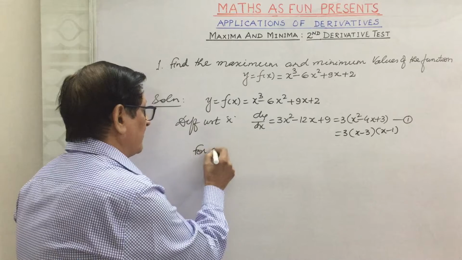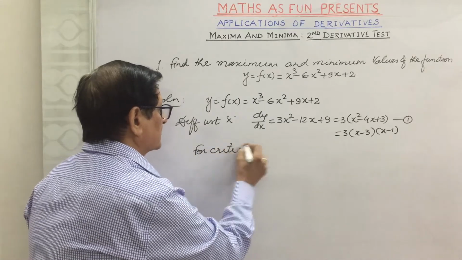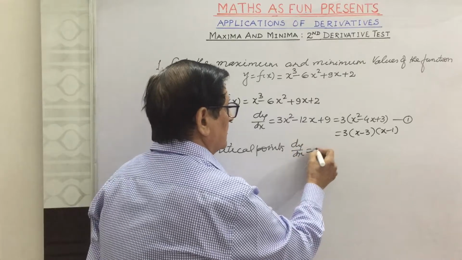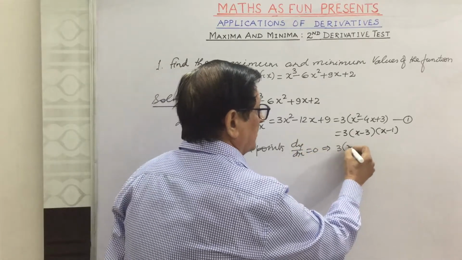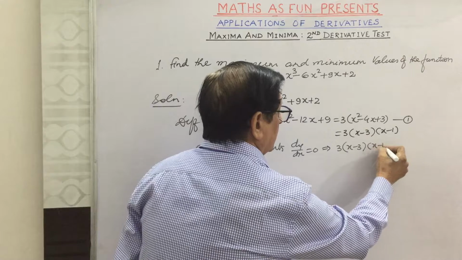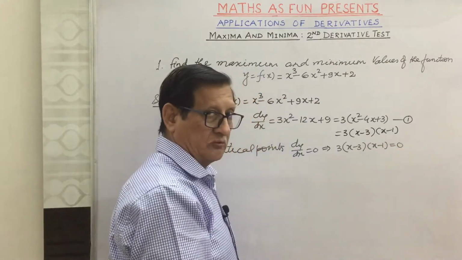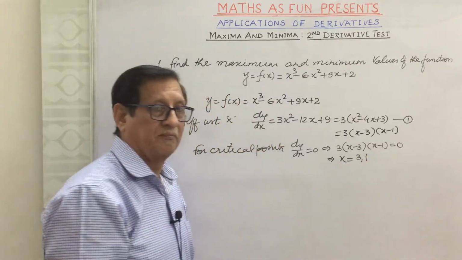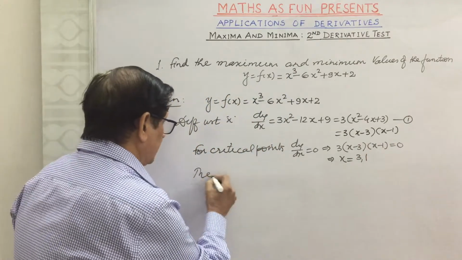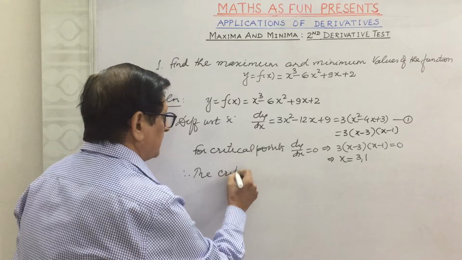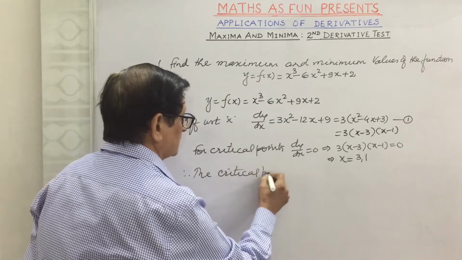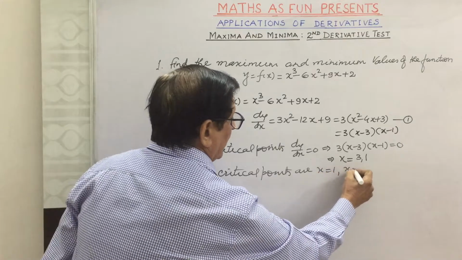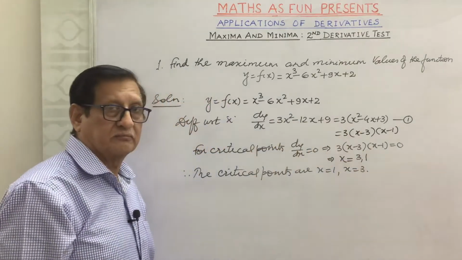So for critical points, dy by dx is equal to 0, which implies 3 into (x minus 3) into (x minus 1) equal to 0, from which we are getting the values of x as 3 and 1. It means the critical points are x is equal to 1 and x is equal to 3.